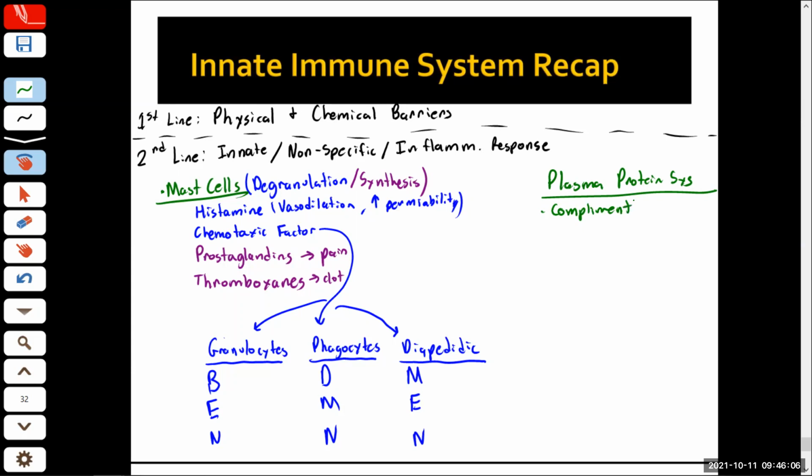What else? Coagulation. And one more. Yeah, kinin. I'm just gonna write bradykinin here because that's what I refer to it as most of the time. Complement sticks to stuff, coagulation helps you stop bleeding, but bradykinin is important for pain.